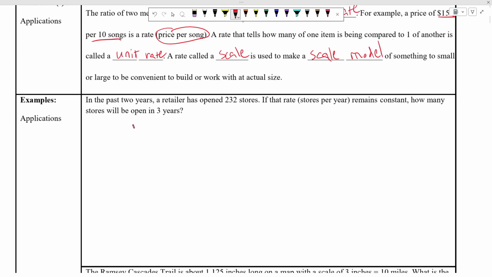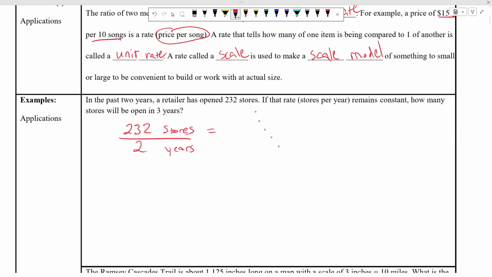So it might be a good idea to figure this out by setting up a proportion. I'm seeing a relationship here between 232 stores and the number of years, so 2 years in fact.